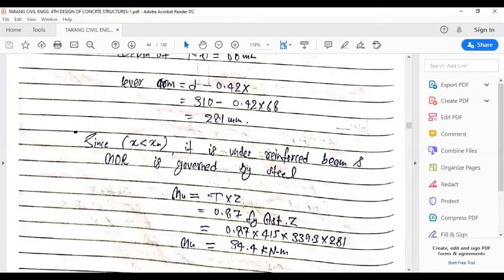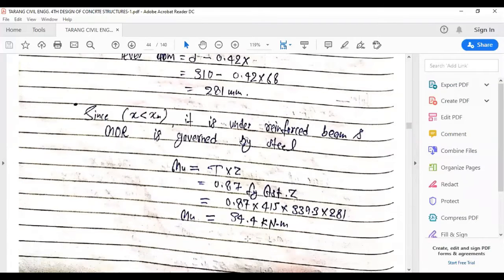This is the value of T, and Z will put the value from here, 281 mm. Putting all the values here, 0.87, Fy is 415, Ast we have found out to be 339.3 mm square, and the value of Z came out to be 281 mm. So the ultimate moment that we find is this value, 34.4 kilonewton meter.